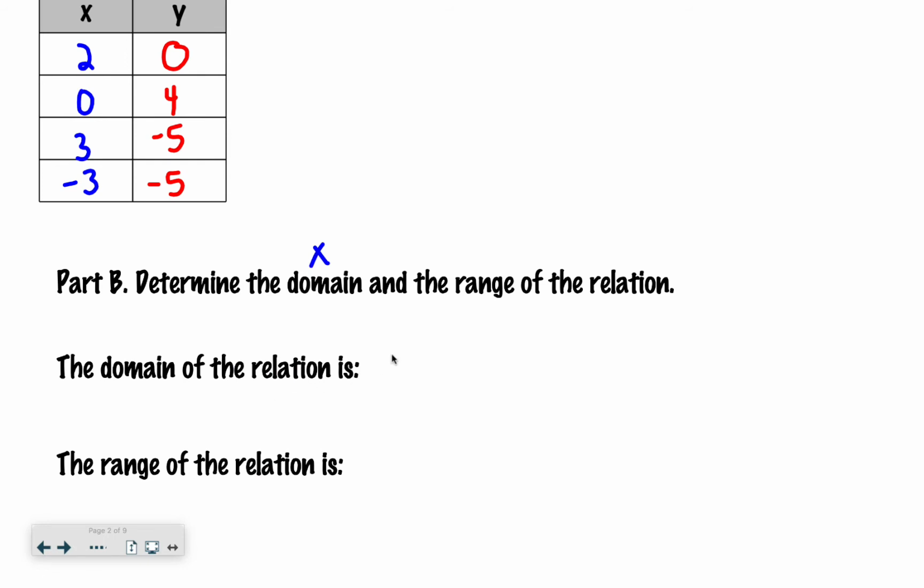So what you do is you do a squiggly bracket, and then you list your x values from least to greatest. My smallest number of my x values is -3. My next smallest number is 0. My next smallest number is 2. And then the biggest number is 3.